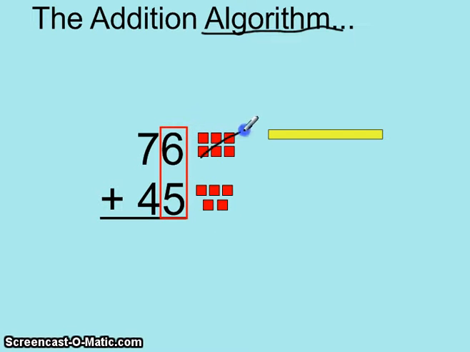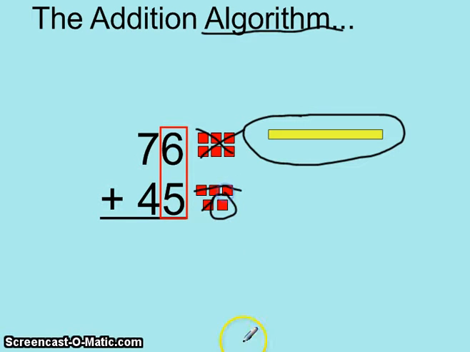So I'm going to cancel these units out. Now I have 1 rod and 1 unit. That makes 11. So I am going to put a 1 down, and I'm going to regroup a 1. This is my unit right here, and this is my rod up here.